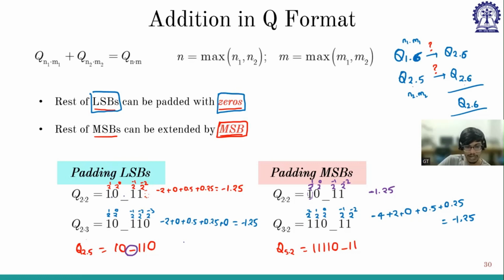But in the code, it will be 1011, so the Verilog simulator will take this as 1011. This is 10110. Q format is only for our understanding, and this virtual dot is also only for our understanding. There is no virtual dot in FPGA. So that we can get that quantized voltage.